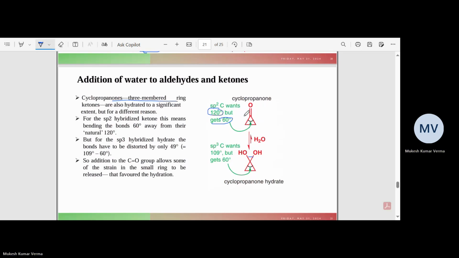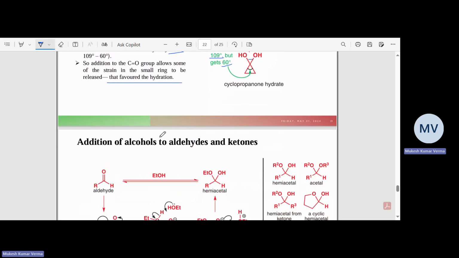But when water is added, the angle is 109, which is closer to 60. The difference is 49 degrees. So addition to the carbonyl group allows some relaxation of the strain in small rings. It simply means that when hydration takes place, there is a decrease in strain in the 3-membered rings, which favors the hydration.